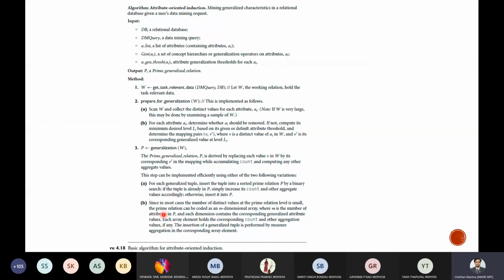If variation B is adopted, then each attribute would take O(1) to find the tuple. So the total for n entries would be O(n). Okay. So only these things you have to remember with respect to your algorithm.